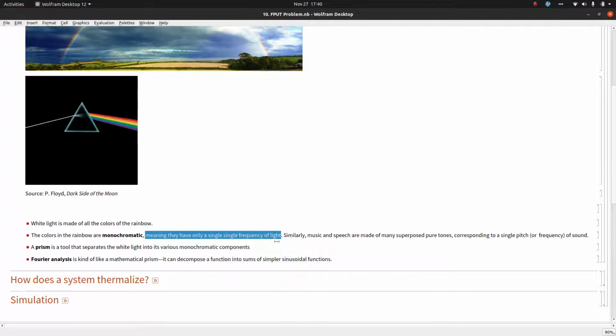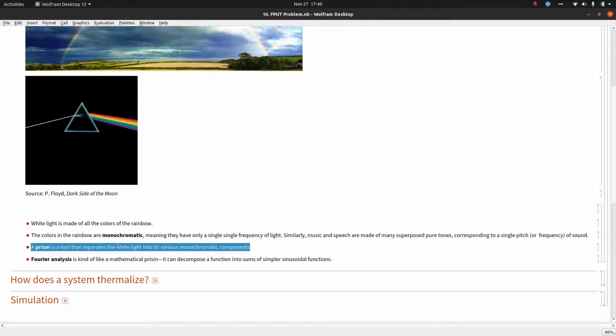Similarly, music and speech are made of many superposed pure tones that each correspond to a single pitch or frequency of sound. So while white light and music and sound may have very complicated oscillatory patterns, they're all made of a superposition of single sinusoidal motions.